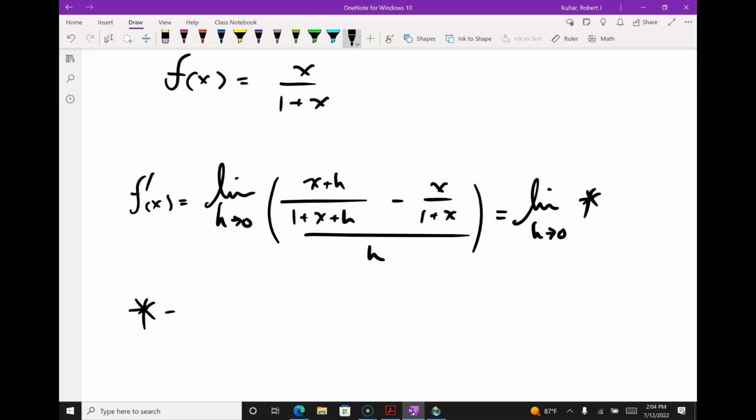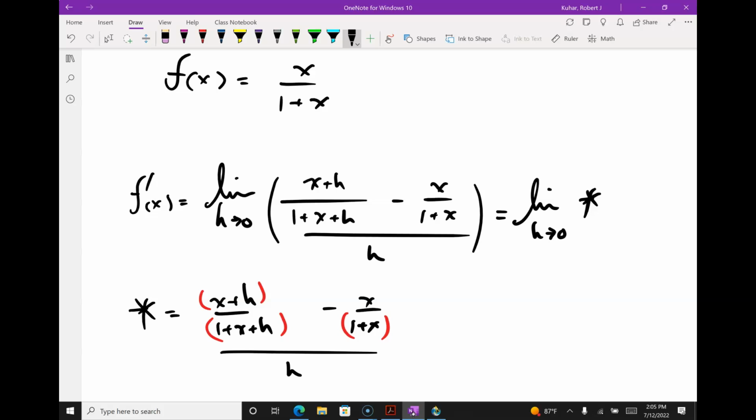I want to work on star separately. And when I'm doing this, I can see I have multi-terms. I want them wrapped. I need some help with my LCD. Anybody got it?